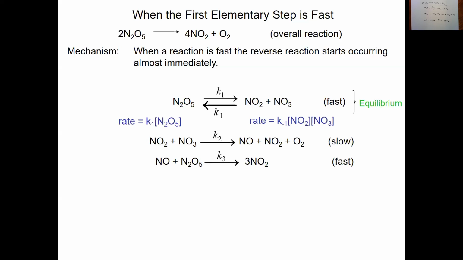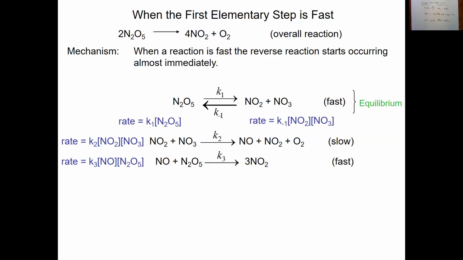That's not the case if your steps aren't elementary. So we can move on to the next reaction. The rate of that one is K2 times the concentration of NO2 times the concentration of NO3. Check. The last one, the rate equals K3 times the concentration of NO times the concentration of N2O5.